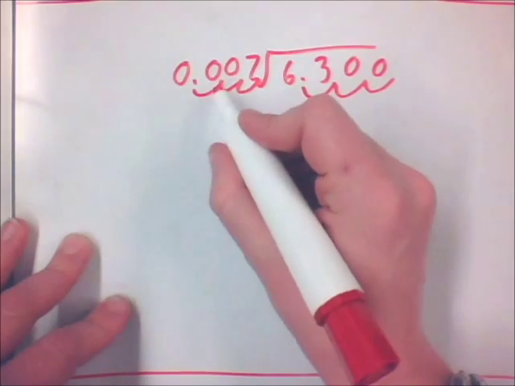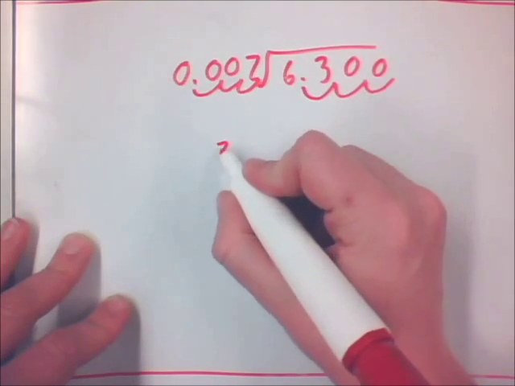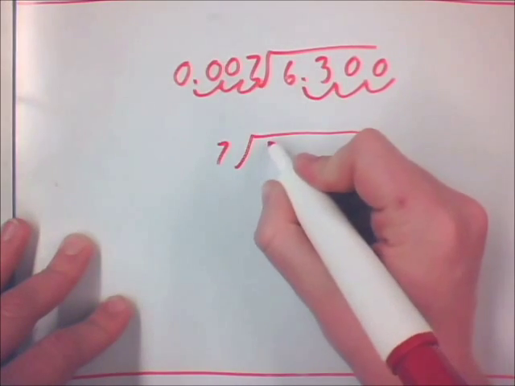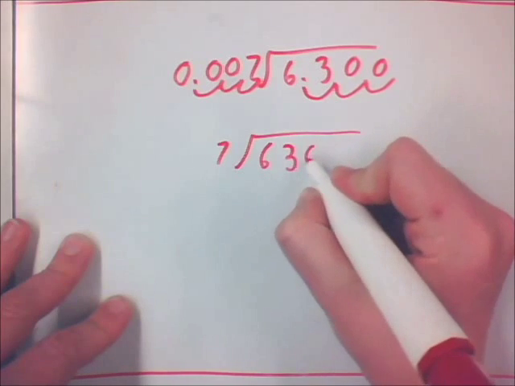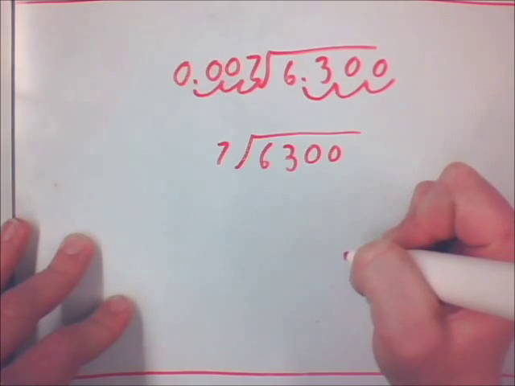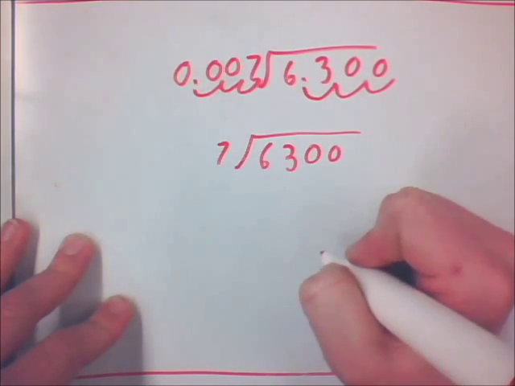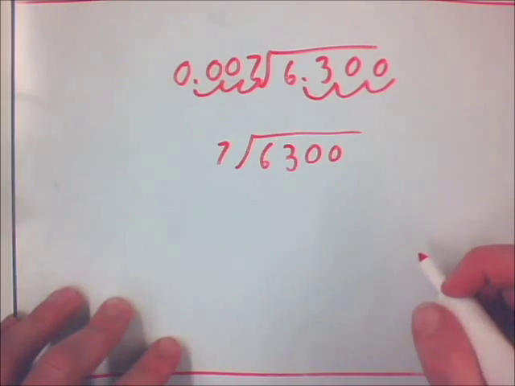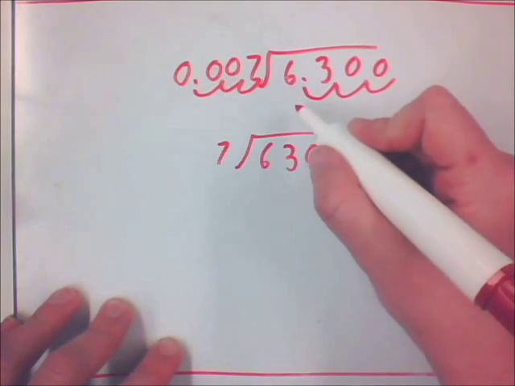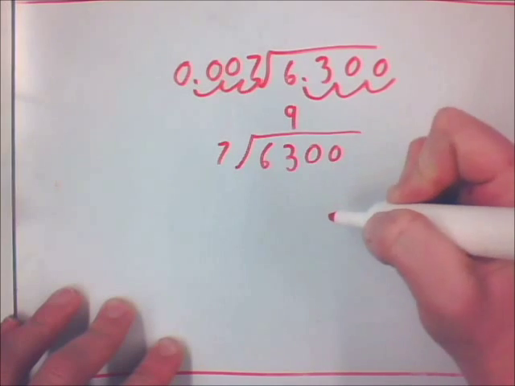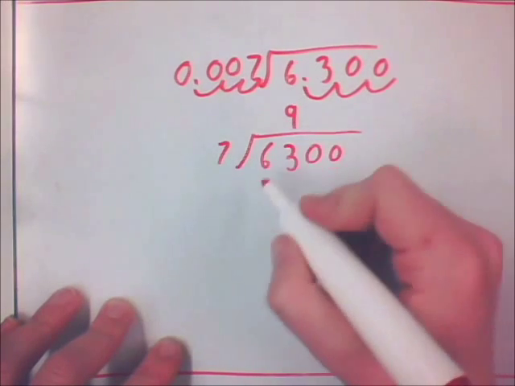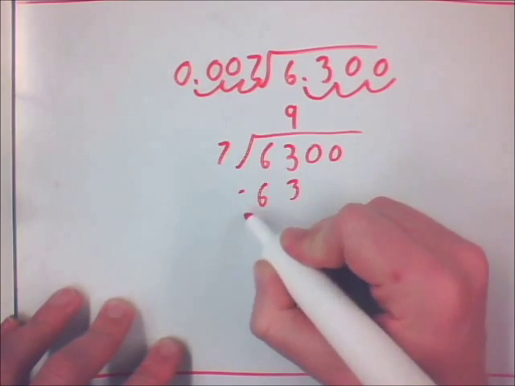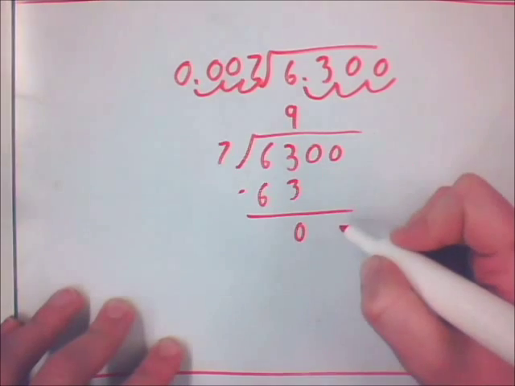This actually becomes, if I move it over, 7 divided by 6,300, like this. And although it's big, I can easily do that. So 7 divided by 63 goes in 9 times. 7 9s are 63. I subtract them and I get 0.